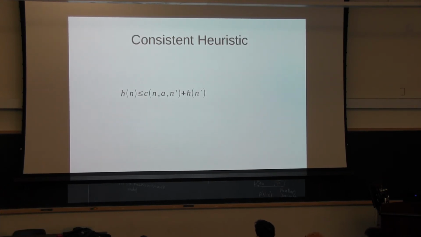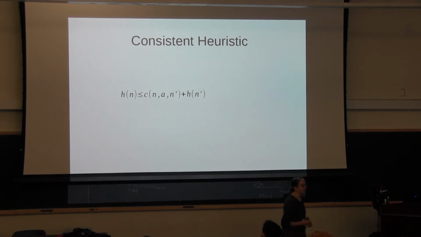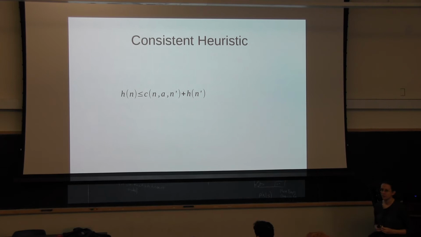So the cost of going from n through a to n prime, if that was negative, I think that would make that left side smaller. As long as your heuristic function is still admissible, it's all right. Yeah, I think so too. I think that's likely to be true. As long as this inequality holds, it's going to mean your heuristic is going to have to respect the negative path costs. I think it's going to be okay.